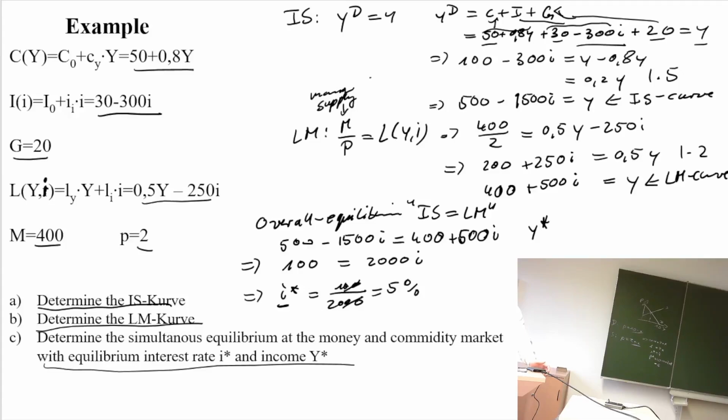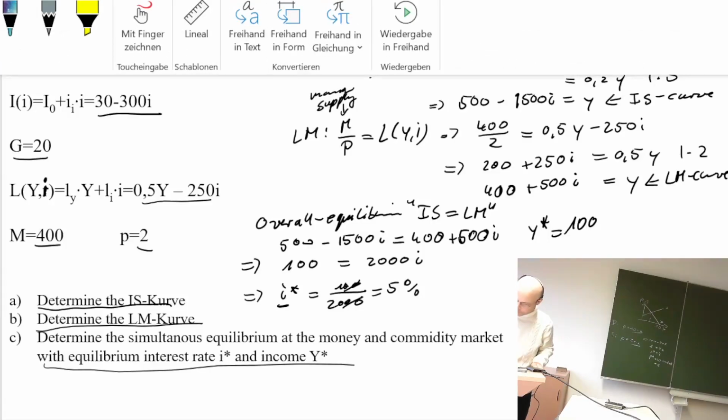And to solve it is just the same as you have done it, I think, in many other lectures, right? Okay, so we just insert our interest rate and obtain the result.